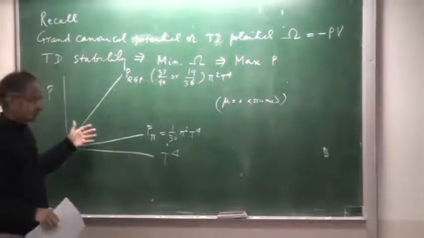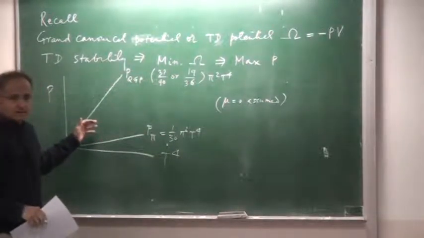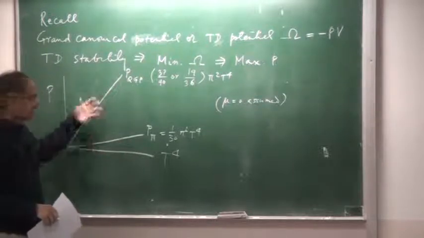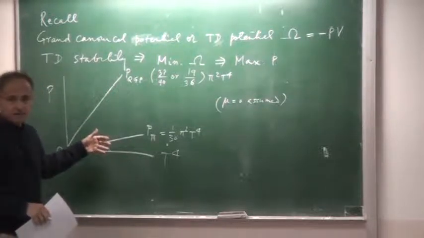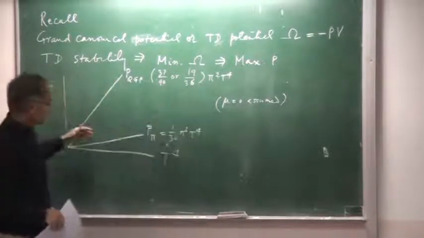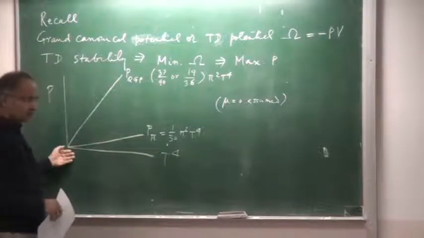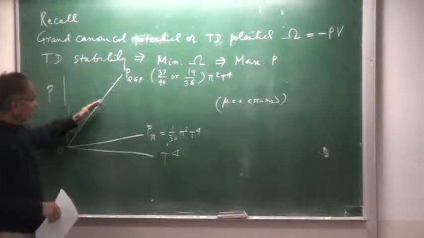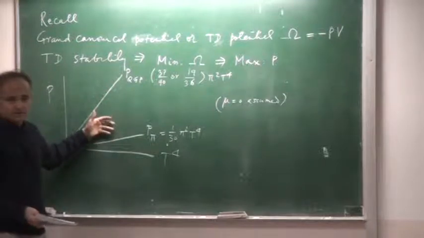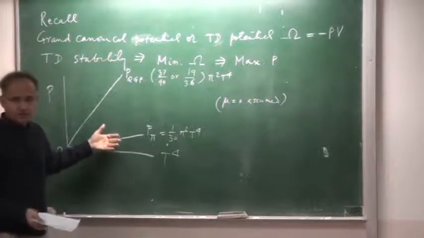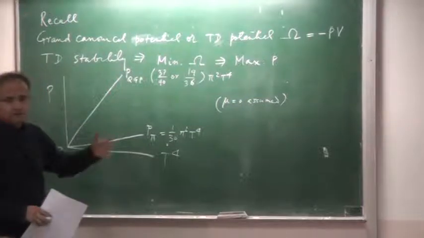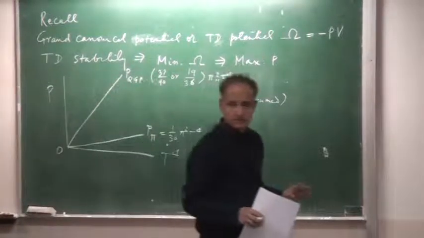So what does this tell us? No matter what the temperature is, which state is favored? We want P to be maximum. So no matter what the temperature is, even at very low temperatures, QGP is the favored state. That is the conclusion we are getting from here, which is obviously wrong. We don't have QGP at low temperature. Something is missing in our understanding.